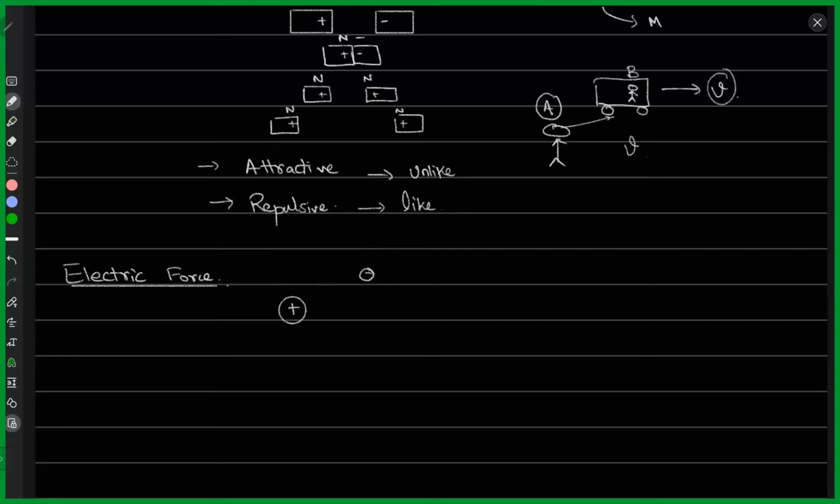and suppose that this charge is negative. Then these two charges will experience a type of force, which is the electric force, such that the force would be something like this. The positive charge will feel a force in this direction, and the negative charge feels a force in this direction. The distance between these two charges, you can just call it r.